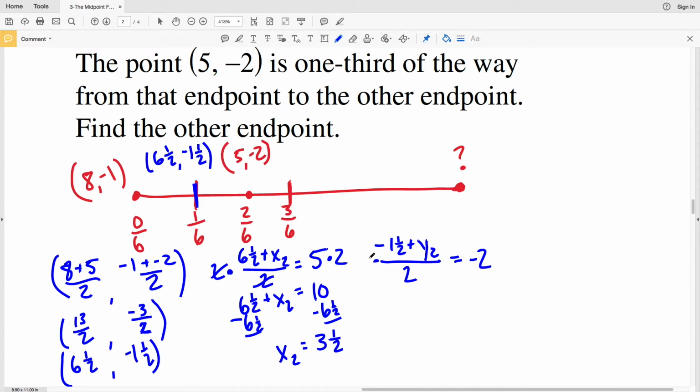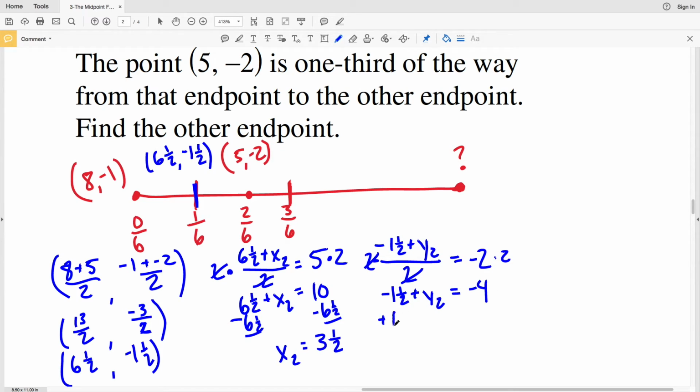And then when I multiply by 2 for my y coordinate, my 2's will cancel out on my left hand side, and I'll have negative 1 1/2 plus y sub 2 equals negative 2 times 2, which is negative 4.